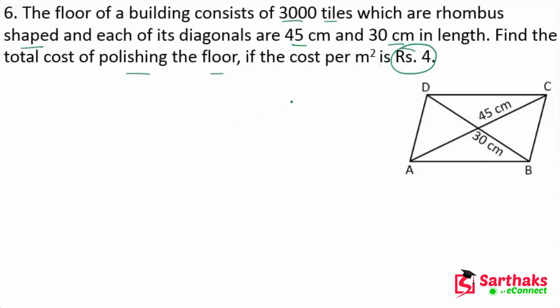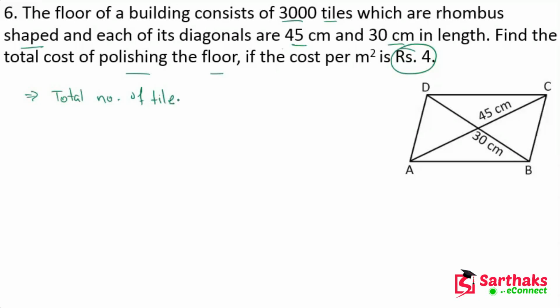First of all, we have to find the area of one tile, which is the area of the rhombus, because the tile is in the shape of a rhombus. The total number of tiles is 3000, so we can find the total area of the floor. Then we can find the cost. So first of all, the total number of tiles.